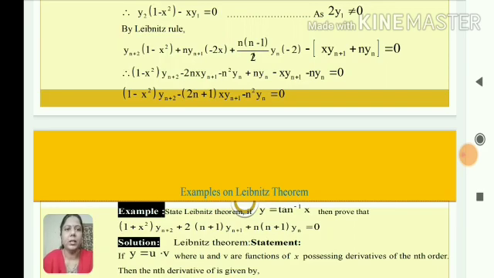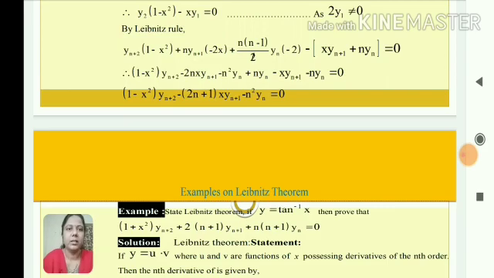We are doing all these calculations with the first term, y2 into 1 minus x square. We are applying the Leibniz rule to the first term, and then we'll apply it to minus x into y1. Next, plus nC2, which is n into n minus 1 upon 2, into yn into the next derivative: minus 2x is the first derivative, and the second derivative is minus 2. So we have completed the calculations applying the Leibniz rule to the first term, y2 into 1 minus x square.